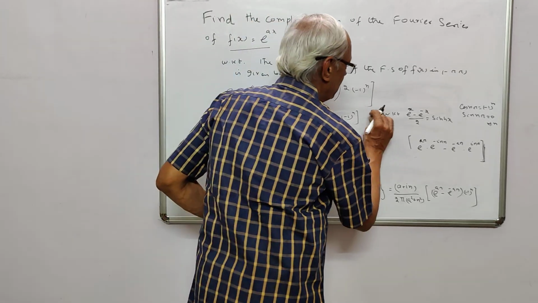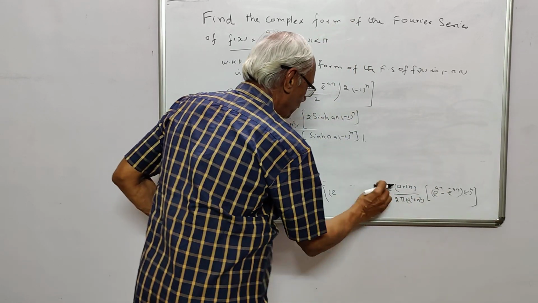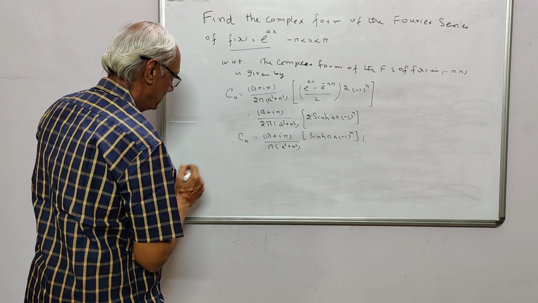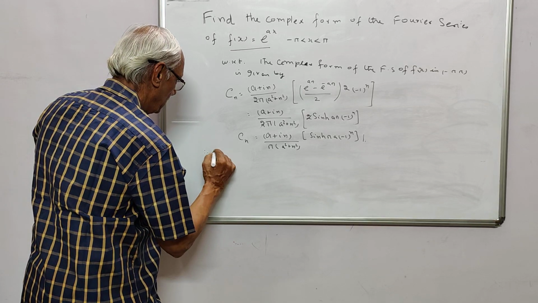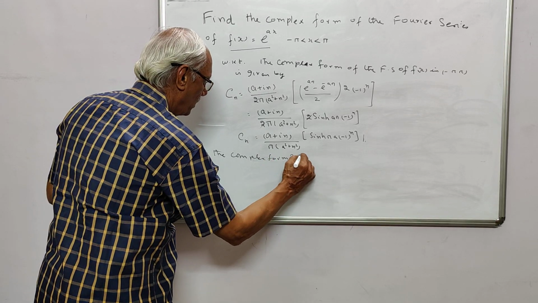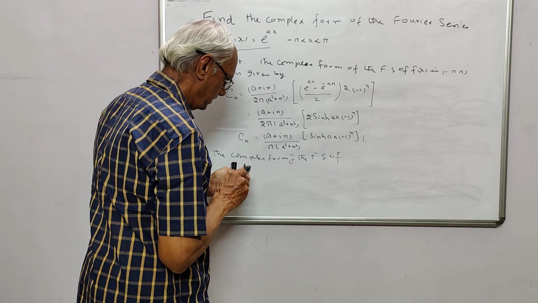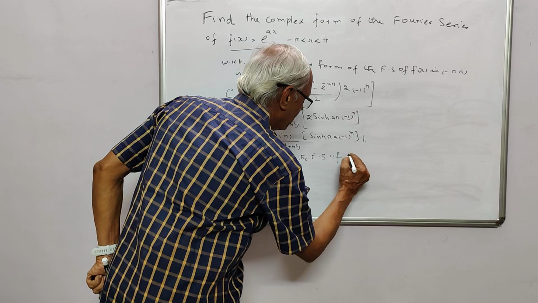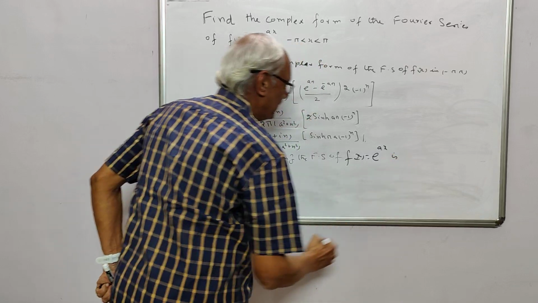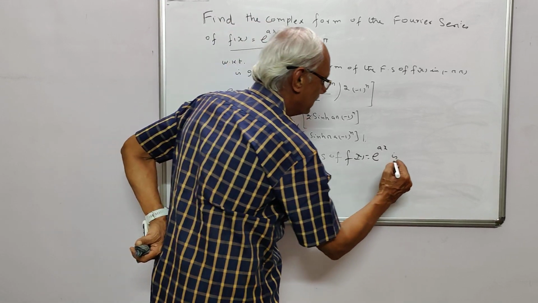Having got the value of Cn, you can just write the Fourier series. Now the complex form of the Fourier series of f of x is, see, what is it that we have written here?